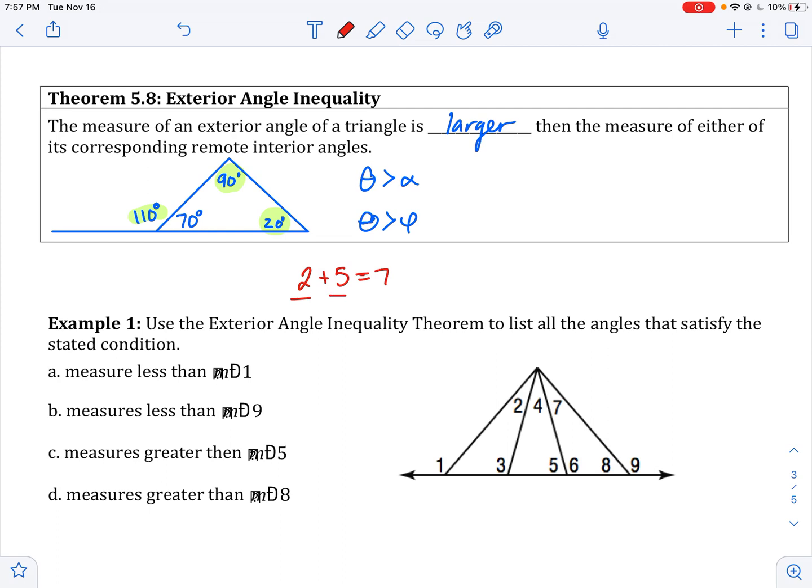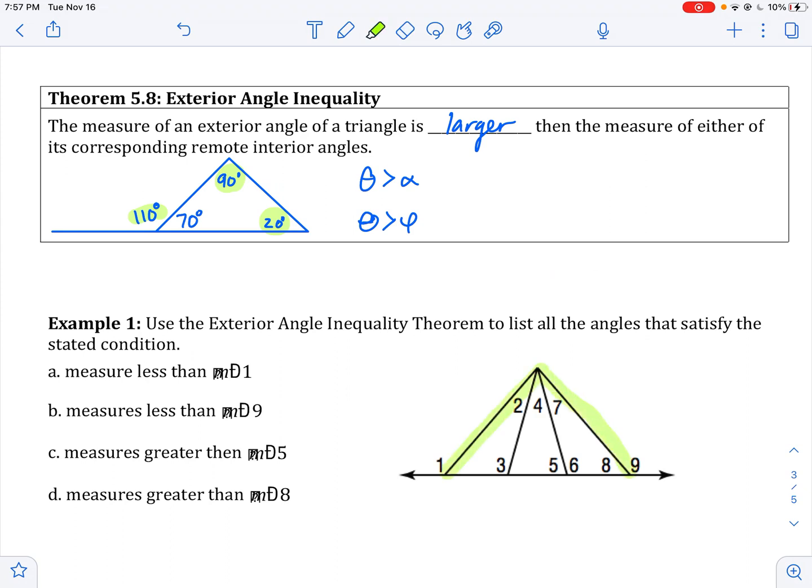Well, these two must be less than 7. Or x plus 13 equals 25. Maybe I don't immediately recognize what x is, but I know it's got to be less than 25. And the reason it has to be less than 25 is because if it were equal, my triangle would collapse on itself. So your exterior angle must be greater than either remote interior angle.